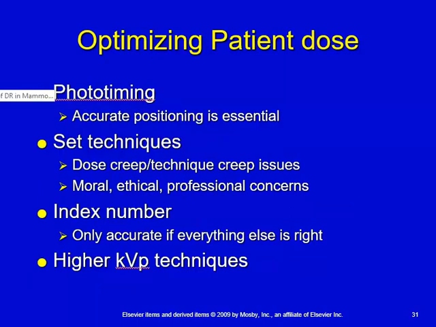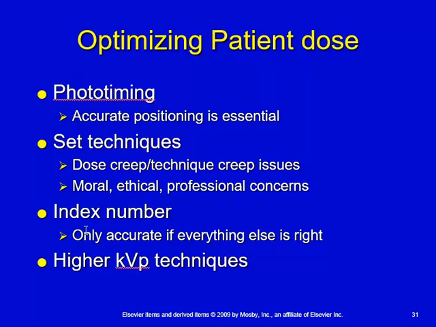So optimizing patient dose. Whenever you're phototiming, positioning is absolutely essential. Whenever you're setting techniques, make sure that you don't fall into the dose creep trap. The technique creep, make sure that you learn your techniques and you don't overexpose the patient, because it truly is a moral, an ethical, and a professional obligation that you learn your techniques and you don't overexpose the patient.